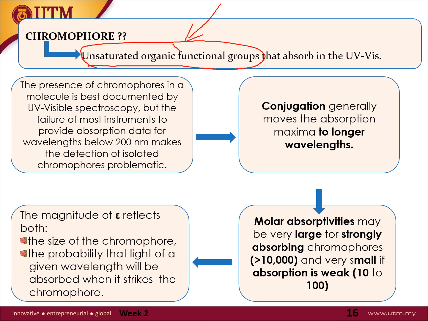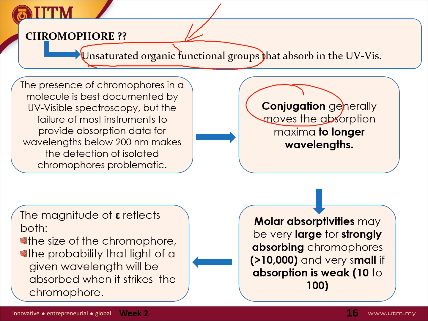An organic chromophore is the organic functional group that gives you the ability to enable excitation when the radiation comes in, from the lower energy ground state to the higher energy level.